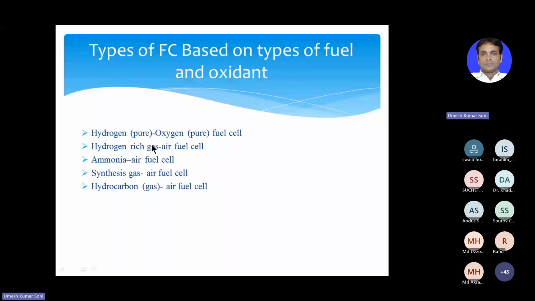Ammonia and air: once I told you that urine has a high value of hydrogen for a low energy requirement for electrolysis, and there ammonia was the important product coming out of that process. So ammonia has hydrogen. This means ammonia can convert into hydrogen and nitrogen, and this hydrogen is used for combining with the oxygen present in the air inlet.